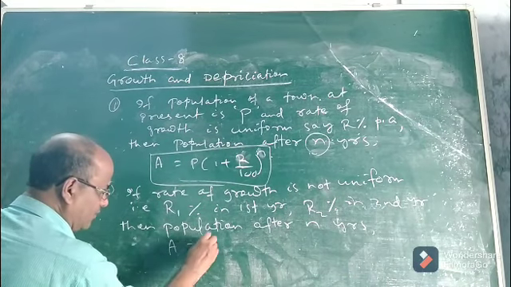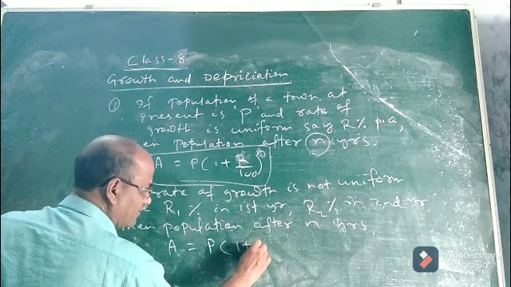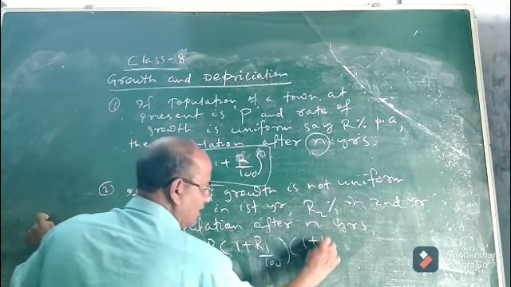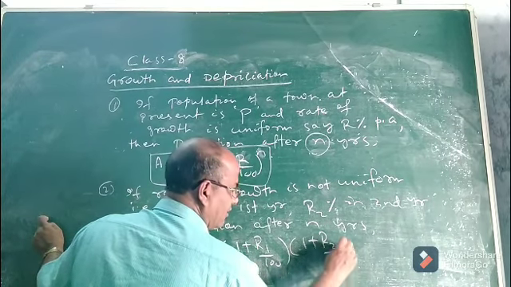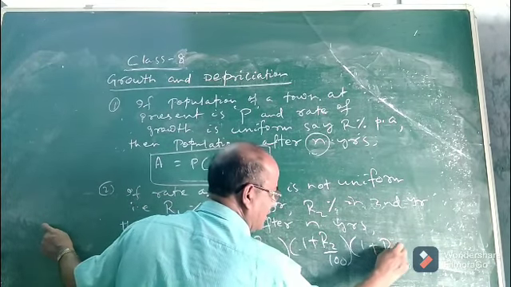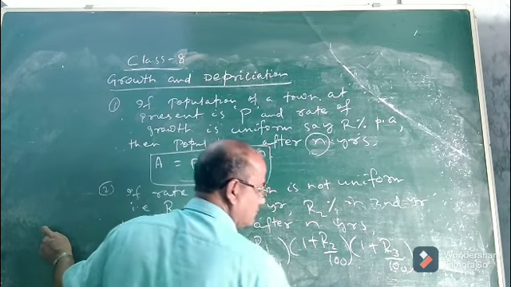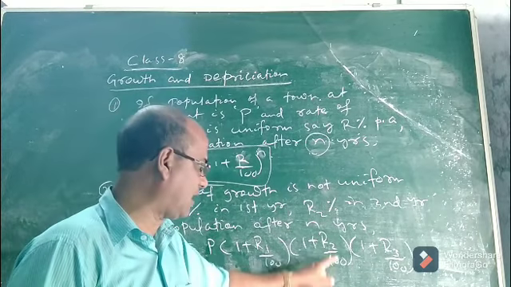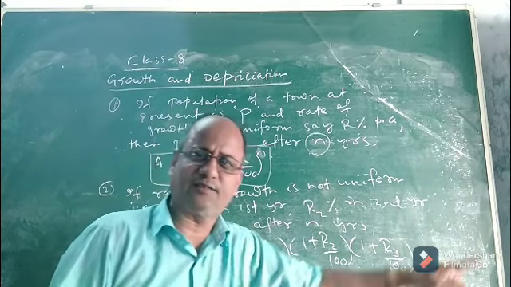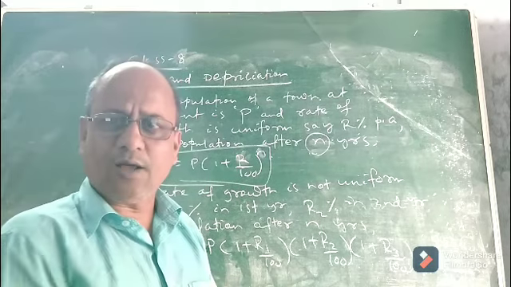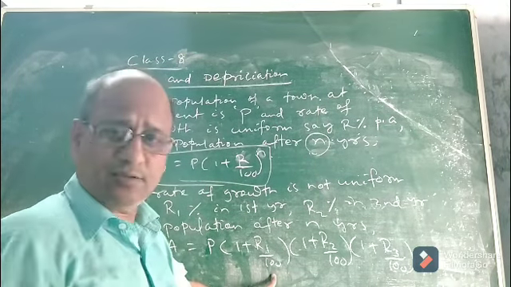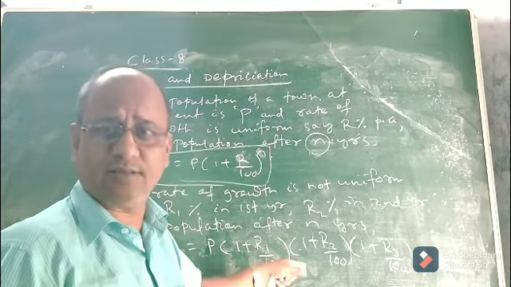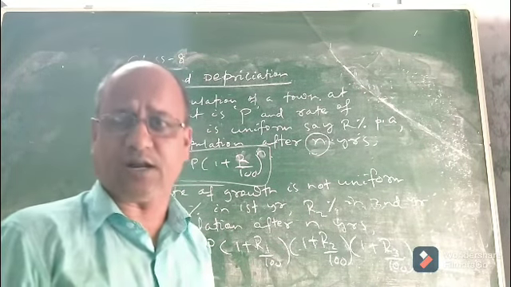It will be A equal to P into (1 plus R1 by 100) into (1 plus R2 by 100) into (1 plus R3 by 100), like this, up to (1 plus Rn by 100). So this will be the formula to find the amount, the population after n years, if the rate of growth is not uniform or constant.